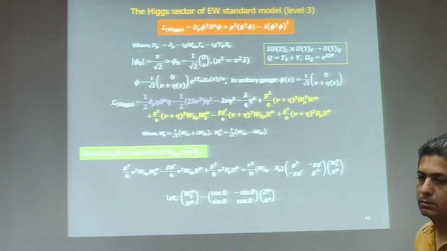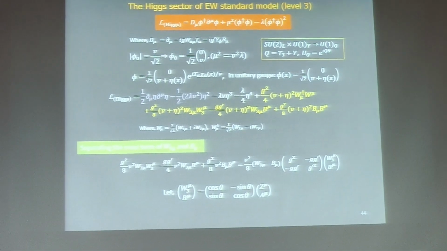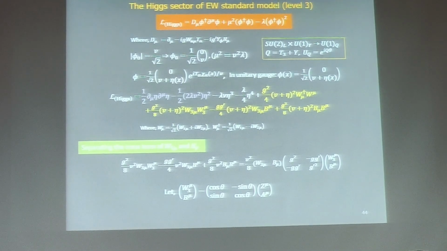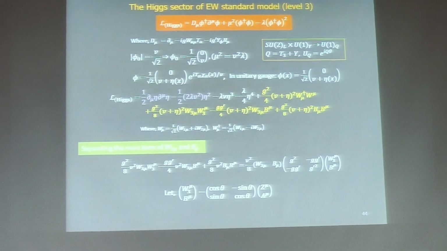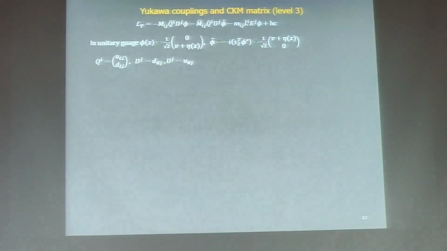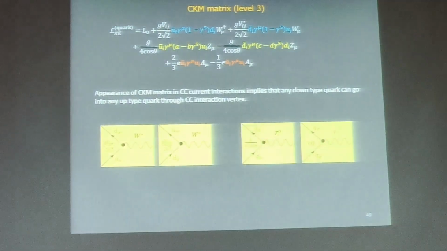Okay. The other question: when you were talking about all the different kinds of interactions that occur in the standard model, you showed that there is an interaction where the vector field couples to itself four times. We know there is only one vector field in the standard model right now, right? That's the electromagnetic field.